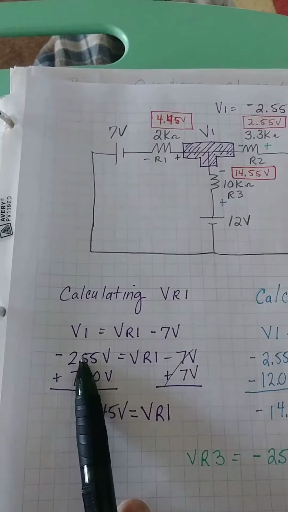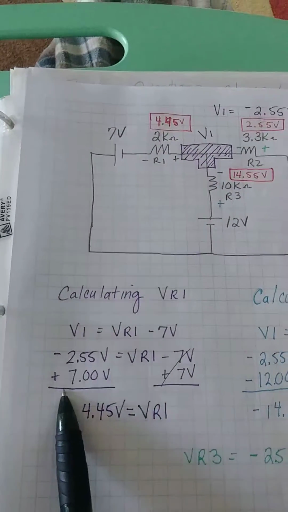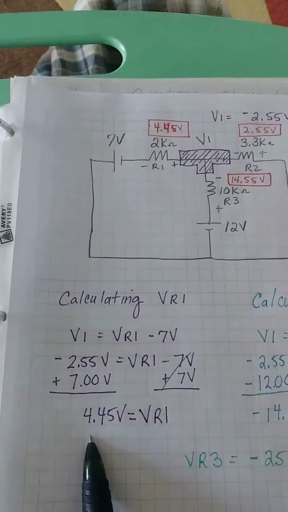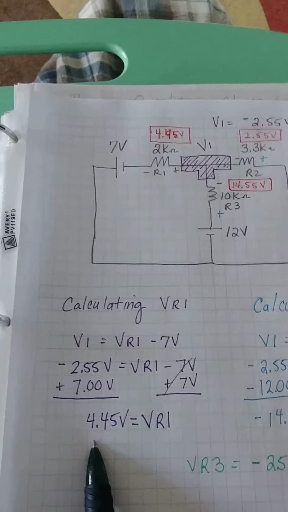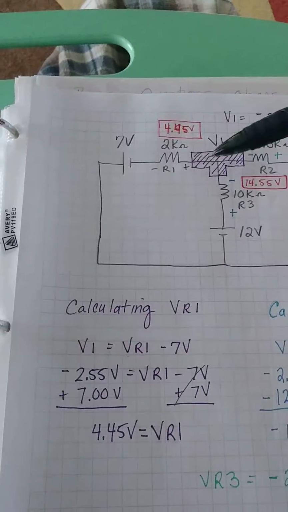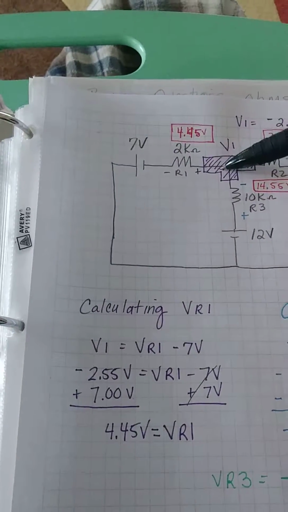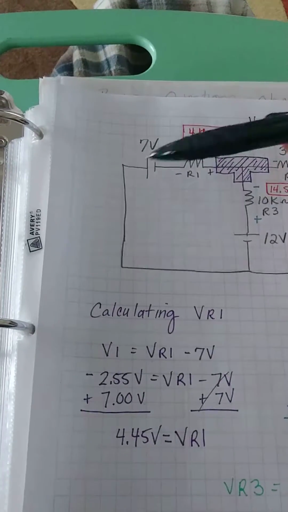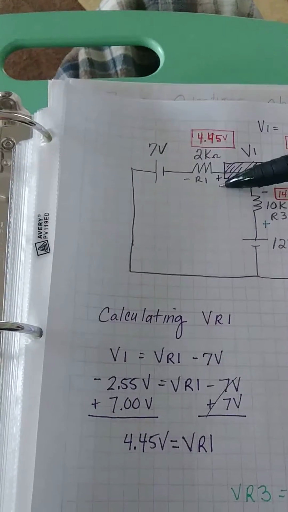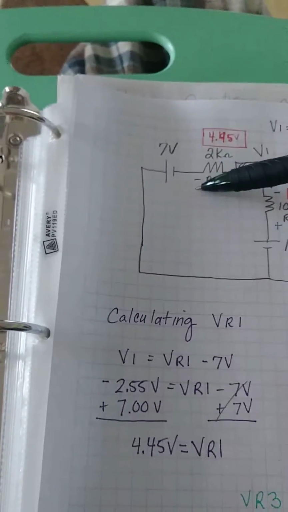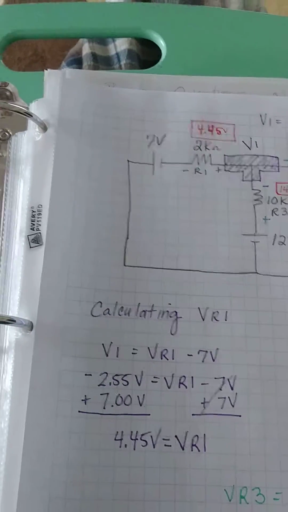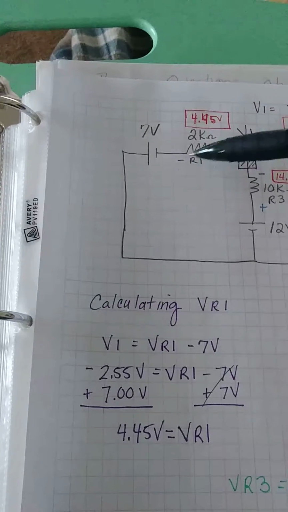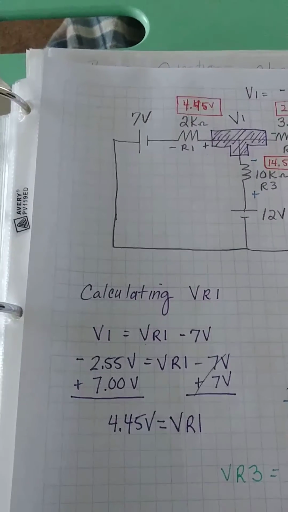So then when you subtract 2.55 and add 7 volts, VR1 is 4.55 volts, and it's a positive voltage. So if you look up here on the circuit from the V1 node to ground, it would be positive and negative because the answer is positive 4.55 volts. So that's how you get the polarity on that resistor.